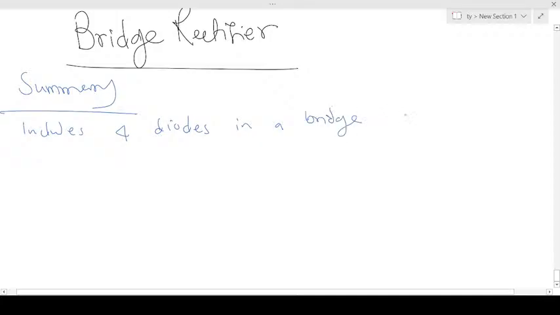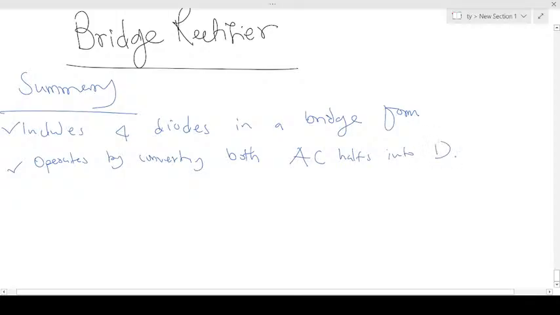It operates by converting both AC halves into DC, without the need of a center-tap transformer.